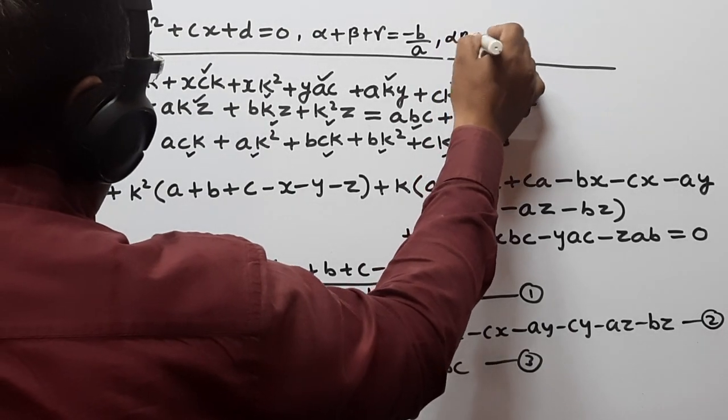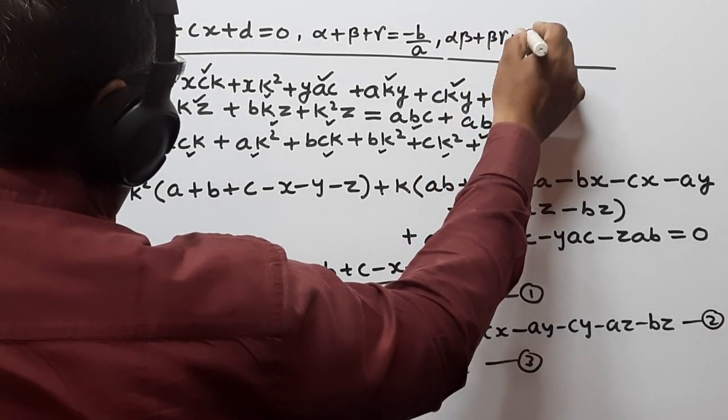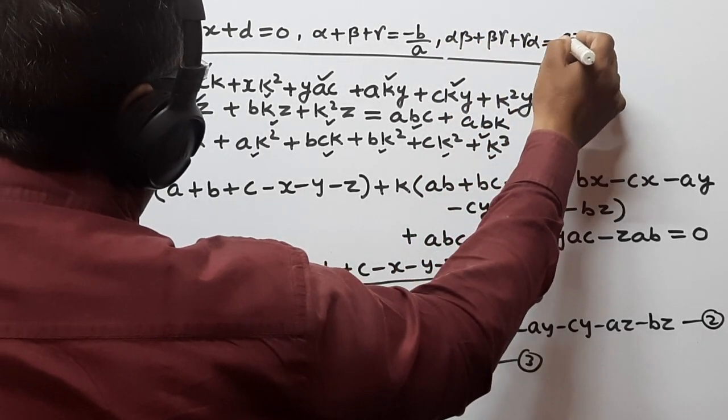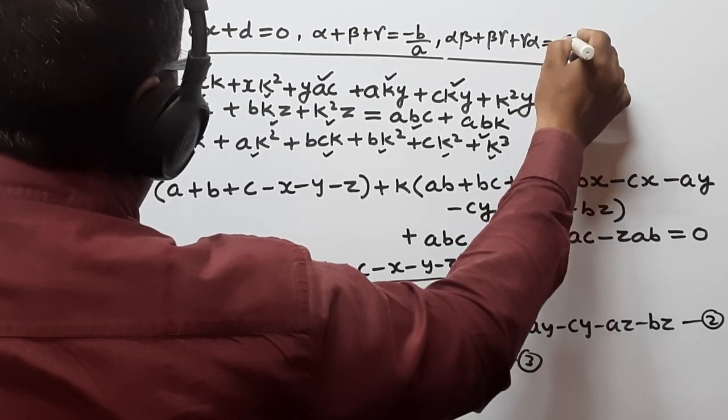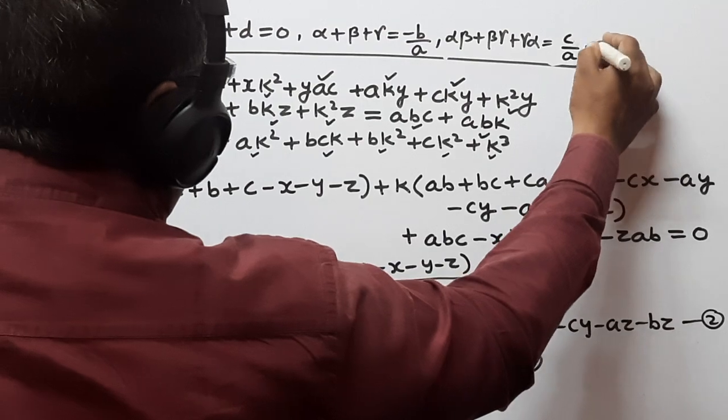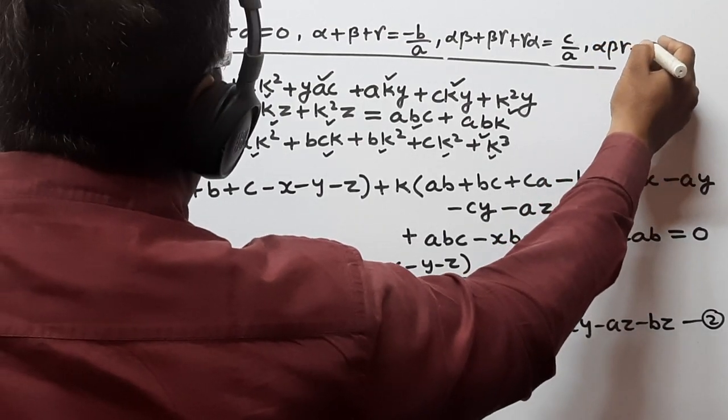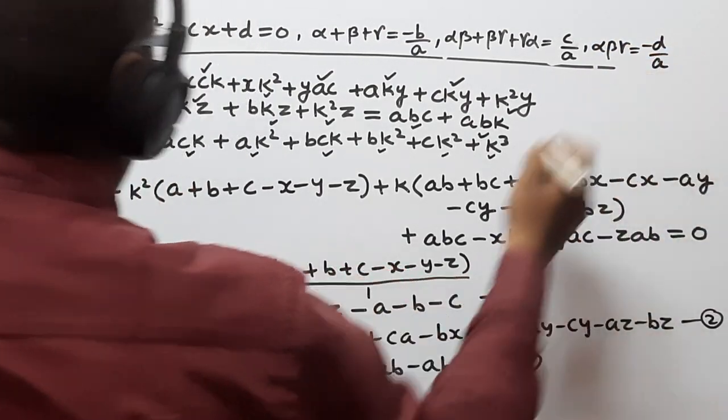Alpha beta plus beta gamma plus gamma alpha is equal to c upon a, and alpha beta gamma can be written as minus d upon a.